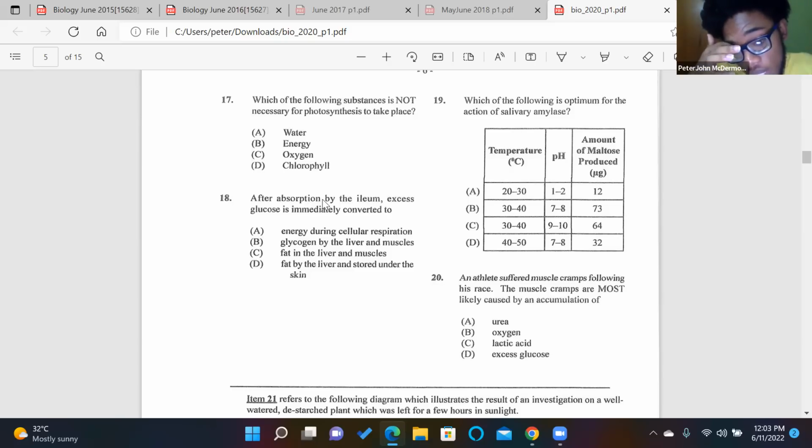After absorption by the ileum, excess glucose is immediately converted to... It says excess, by the way. How do humans store glucose? What kind of granules are located in the cells of animals?